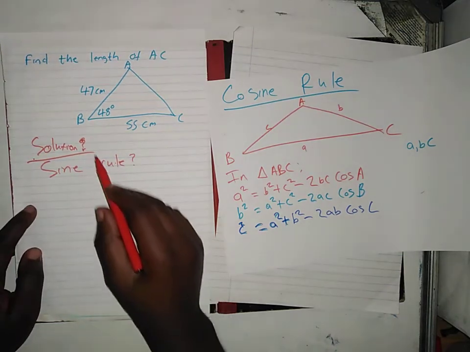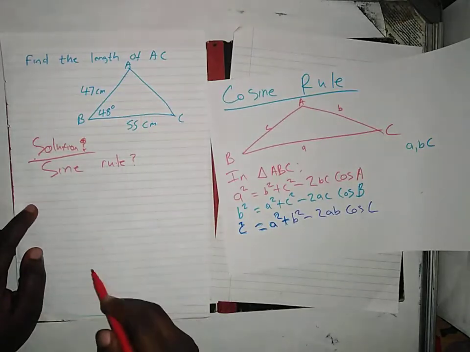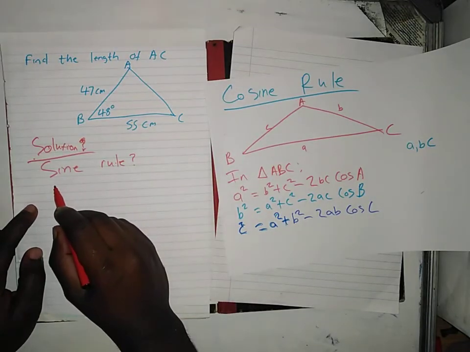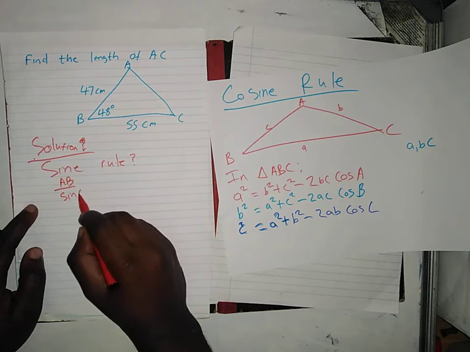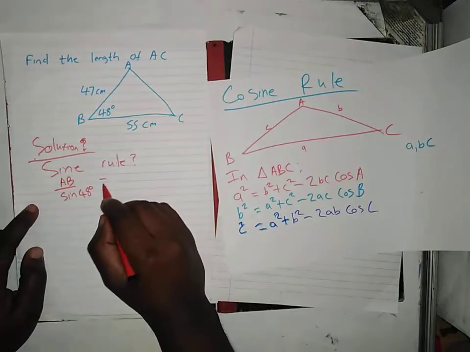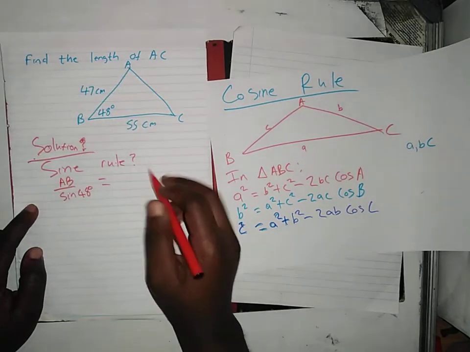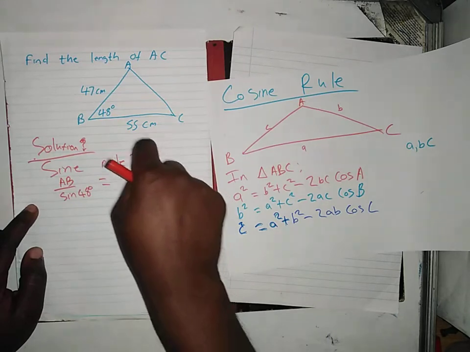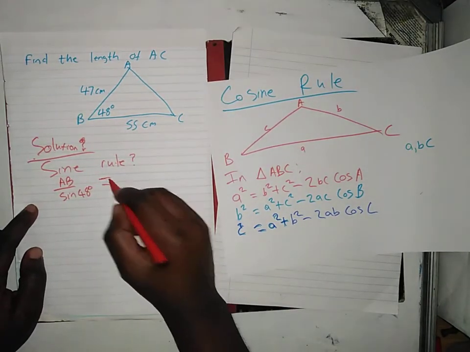So, we must always obviously start with what we are given. In this case, let's say AB over sine 48 degrees, which is this, is equal to, now we can take either this side or this side. But here's a problem.